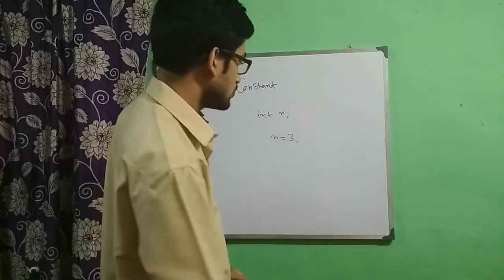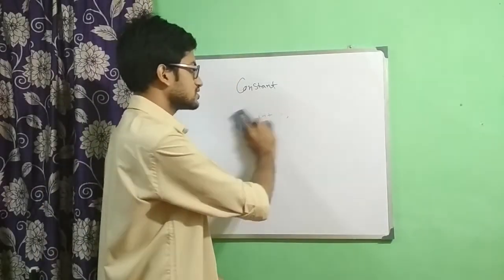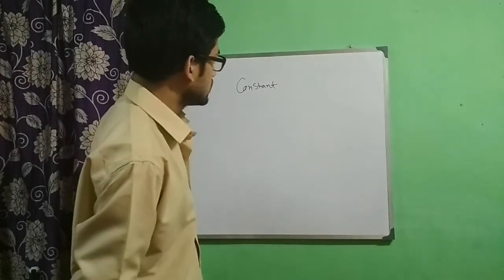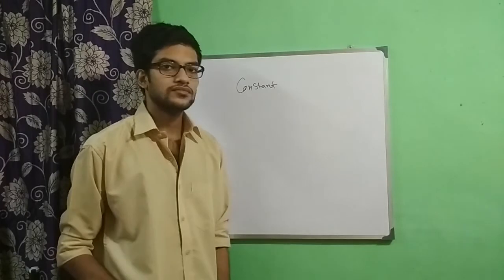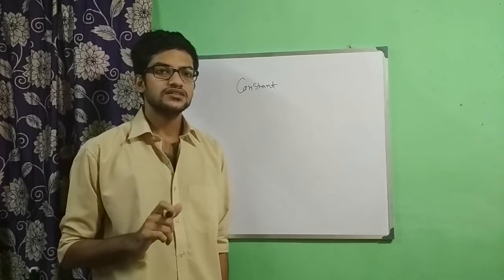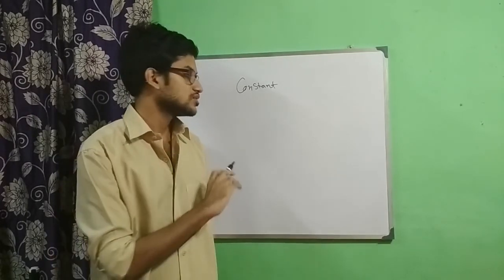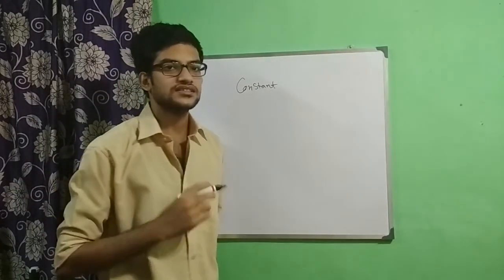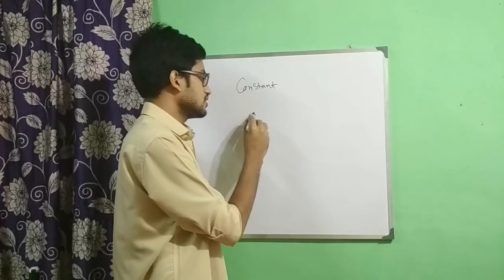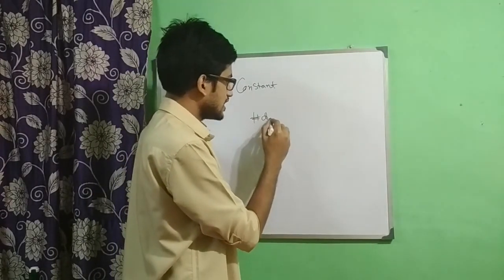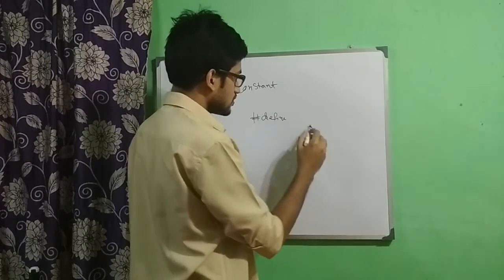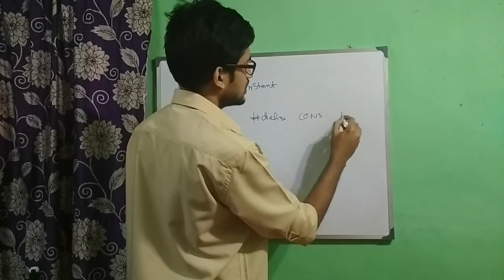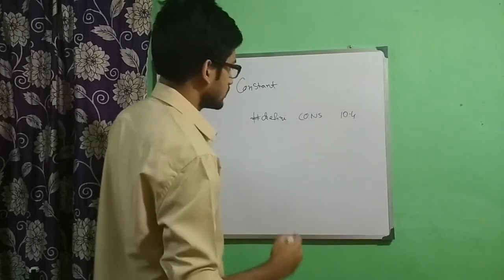For a constant, there are two ways to define it. Either you make use of hash define, which is a preprocessor command: hash define, the name, and whatever the value will be, let's say 10.4.